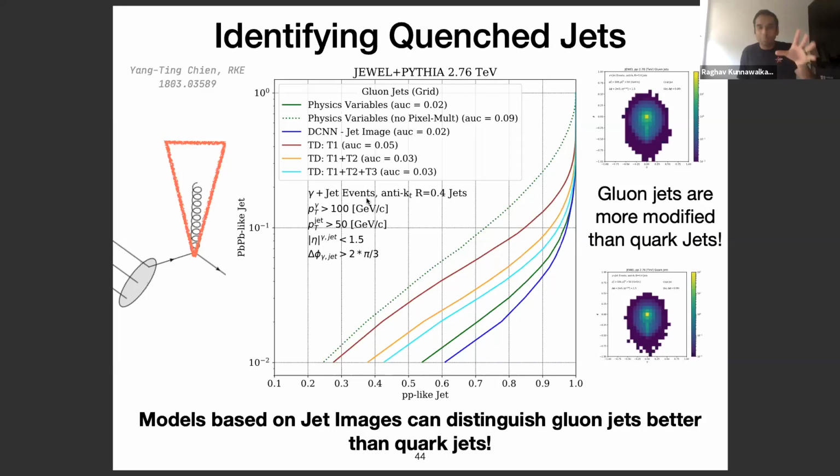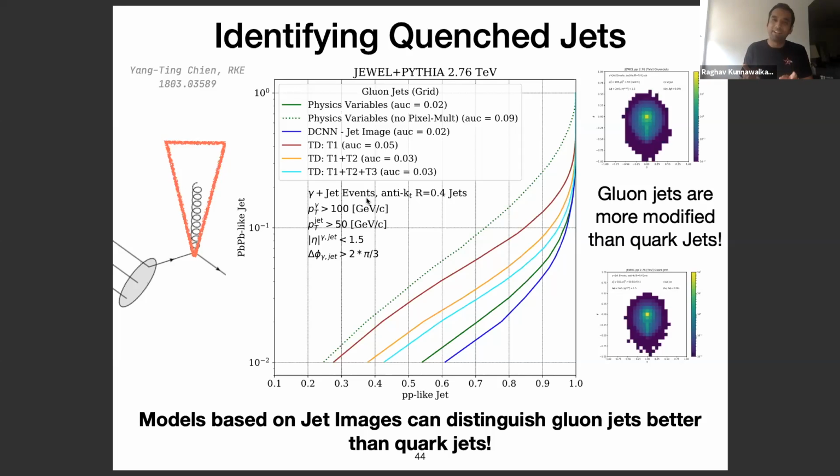Just by looking at the weighted distribution, the color scheme, you can already tell that gluon jets are a little bit broader, right? These are quenched jets, coming from Pythia, and then you put them inside Joule, and Joule does the jet quenching for you. So the question Yang-Ting and I asked is: can a model actually identify quenched jets from unquenched jets?